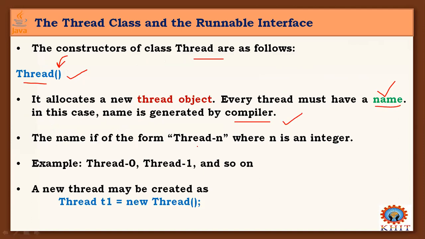The name is of the form Thread-, followed by some integer value, for example Thread-0, Thread-1, and so on. So this is the form of creating a thread using the Thread class, where t1 is an object of Thread we create, and new is an operator to allocate memory for this thread.